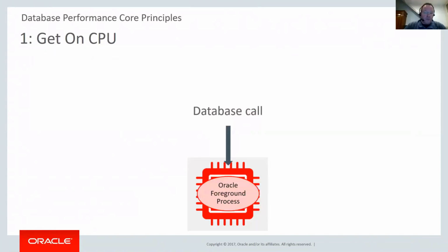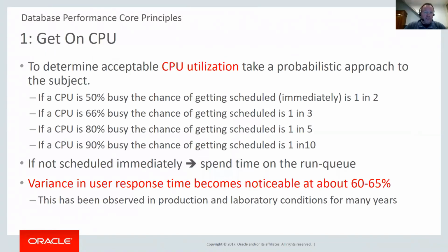Now, here's what you need to realize. Let's suppose the CPU wasn't currently idle, but it was 50% busy because other things were going on on the database server. Then the chance of getting scheduled immediately is 1 in 2.